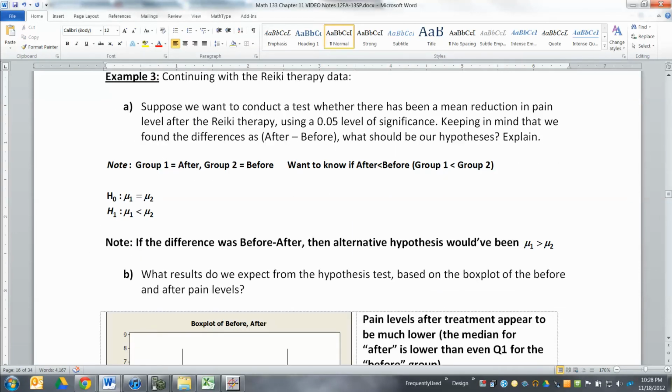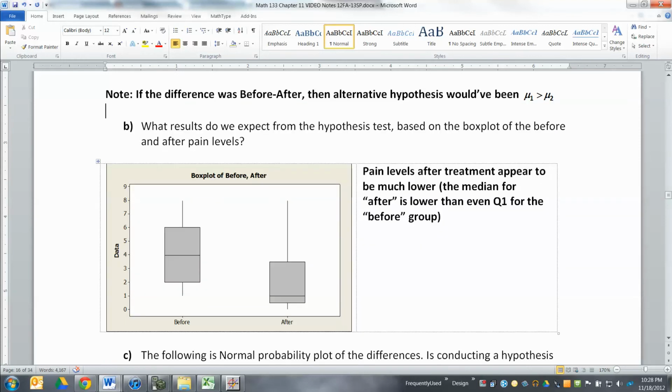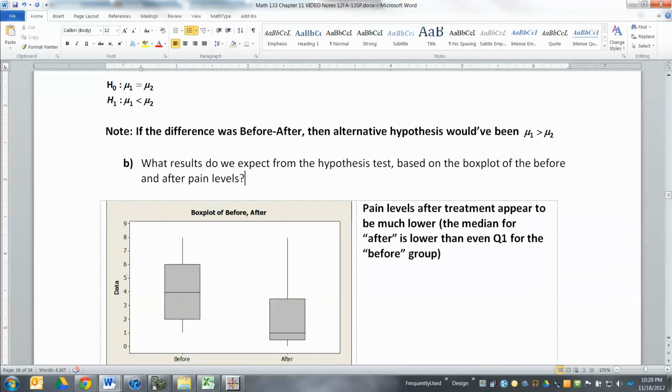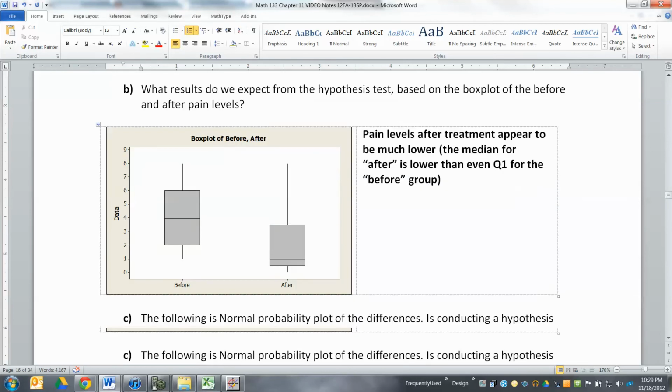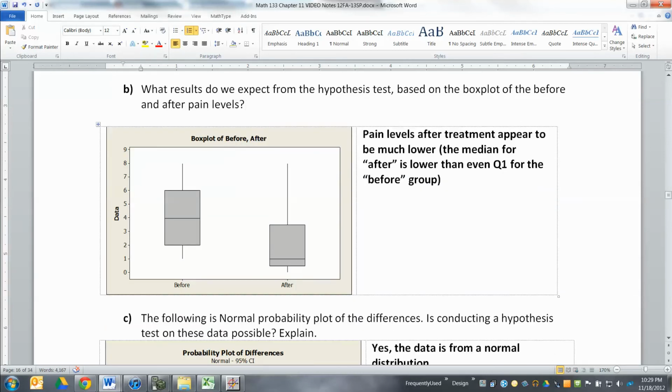All right. What results do we expect from the hypothesis test based on the plot of the before and after pain levels? So you can see down here, I used Minitab to draw a box plot of each of them. So here's the pain levels before the touch therapy. Here's the pain levels after. And hopefully you can see it seems like there's a significant drop in pain levels, right? Do you see how the median for the after is below, heck, it looks like it's even below the minimum, but definitely below Q1 of this other one, right?